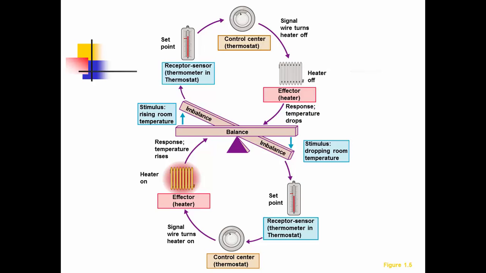So this picture is just showing you an example of a negative feedback loop, but in a house. So when we are in a home and our temperature goes up, we have a set point.